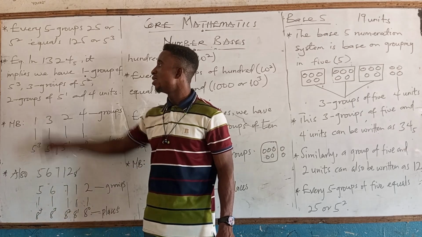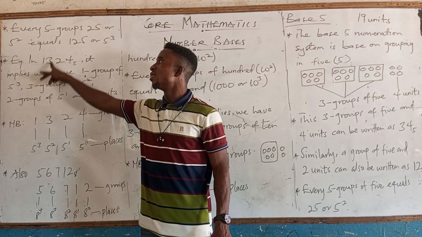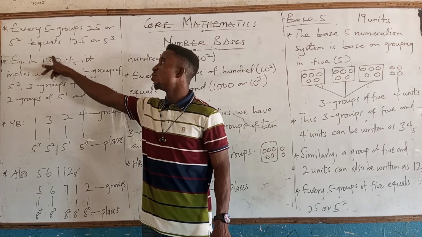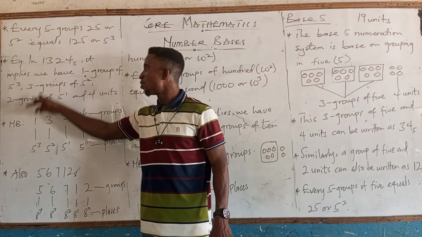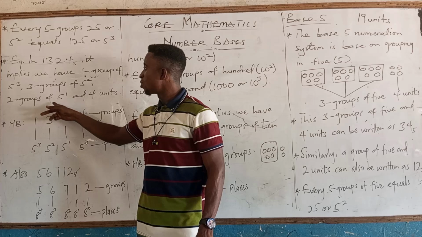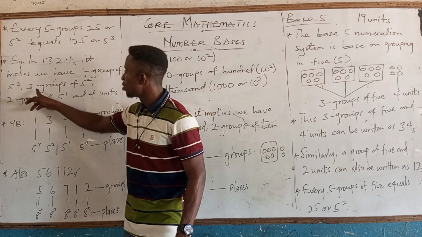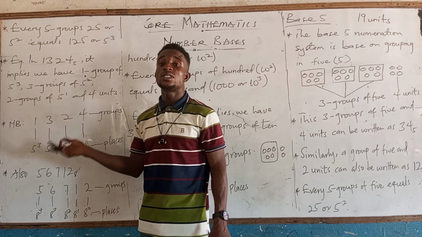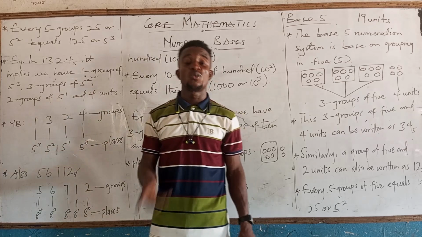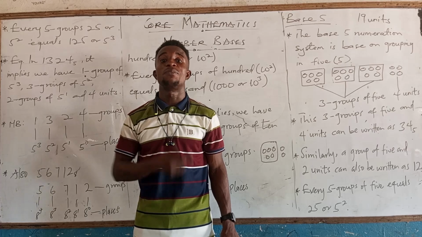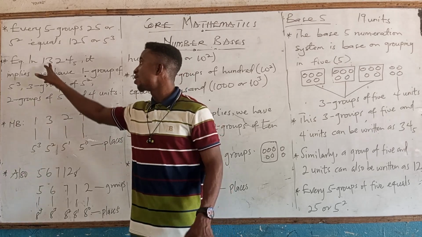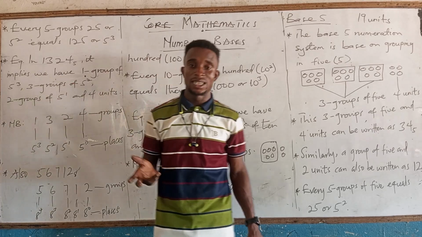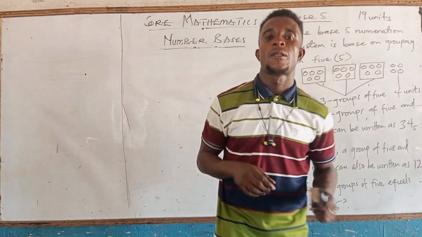And that is 5 exponent 2, because 0, 1, 2: 5 exponent 2. We did it well. That is base 3, so that is 5 exponent 2. Sometimes you do not see 5 exponent 2, but you see 25. So the 25 is the place value of 3. Are we getting that? That is that. Are we okay?